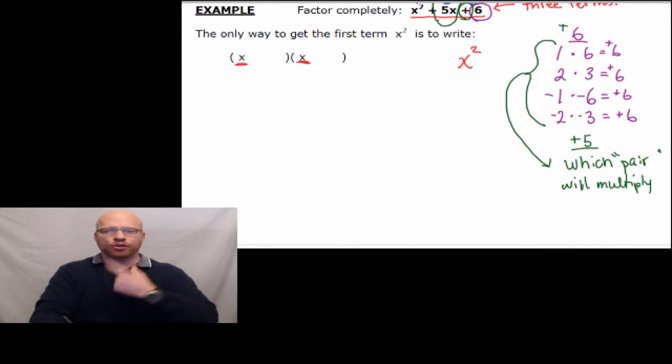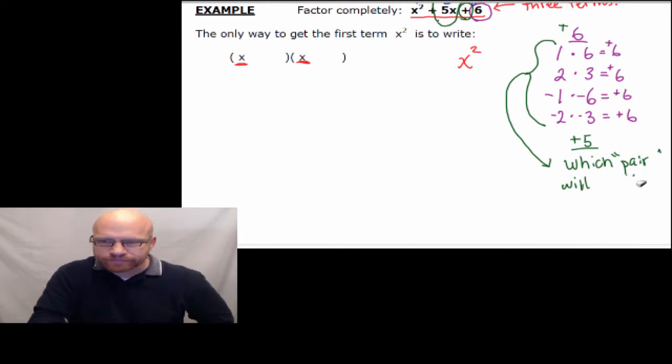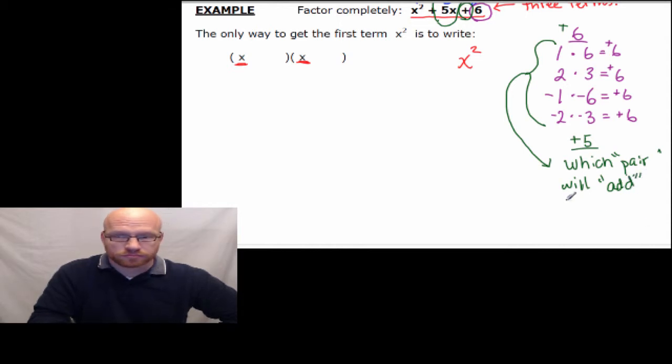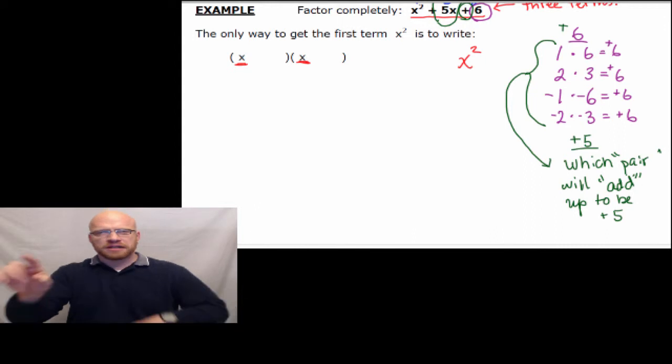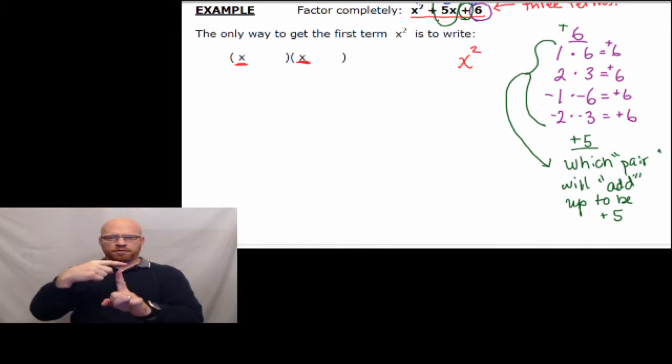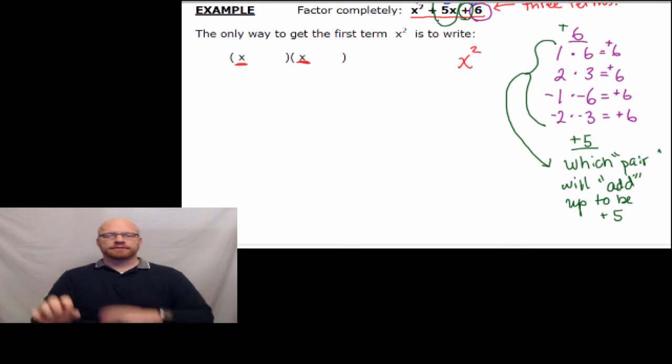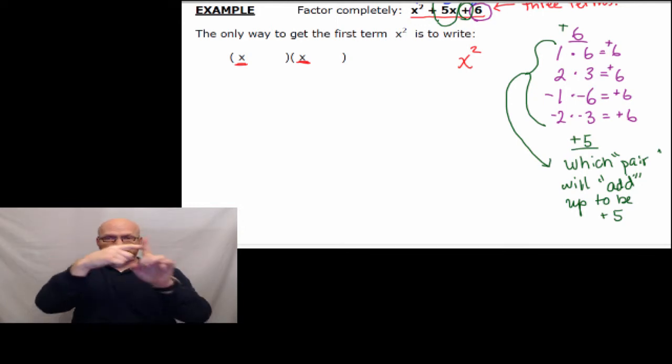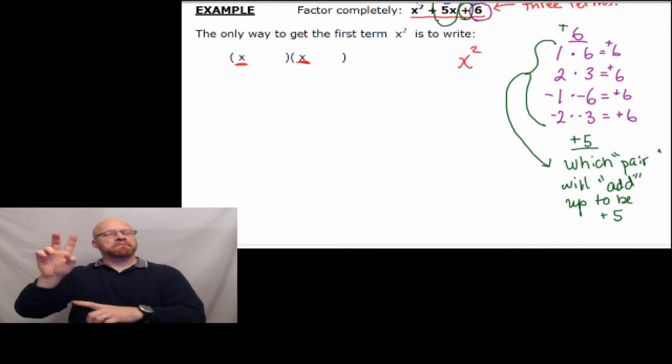Oh, excuse me. I gotta change that. I don't mean multiply. Okay, so as I look at 1 plus 6 is 7, 2 plus 3, that would be positive 5.